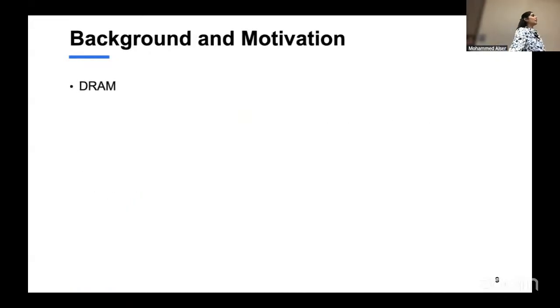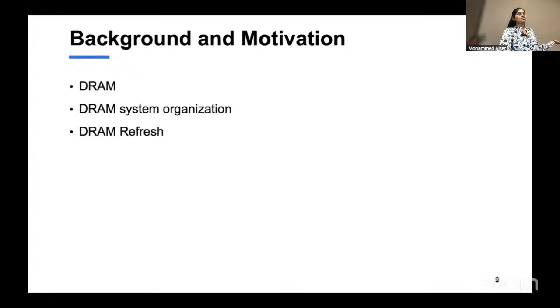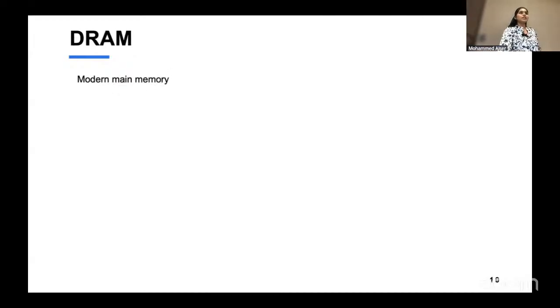So coming to the background and motivation, before getting into RAIDR, I want to discuss DRAM system organization, DRAM refresh, and DRAM retention time distribution, which helps us to get a better understanding of how RAIDR helps in all this. So firstly, DRAM.